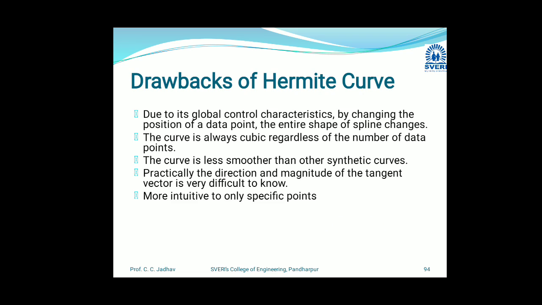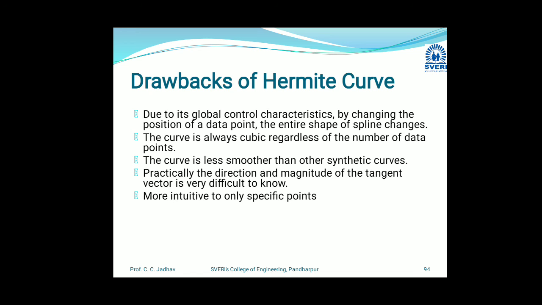Next, drawbacks of the Hermite curve. Due to its global control characteristics, by changing the position of the data control point, the entire shape of the spline changes. That is a main drawback.